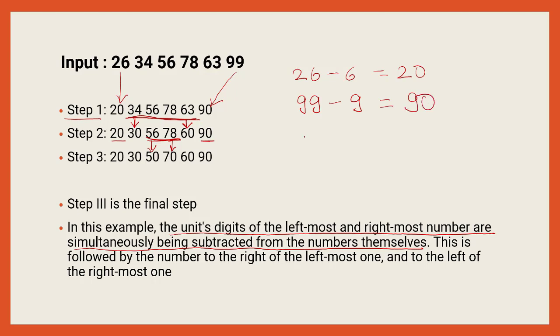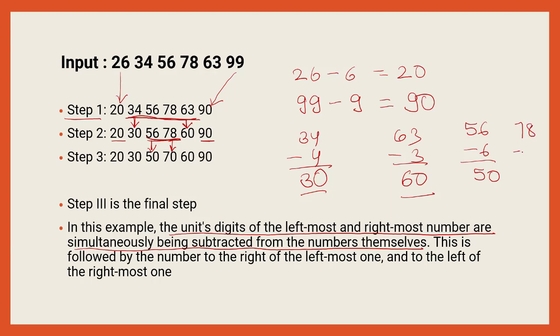In the second step, 34 minus 4, we are subtracting the unit digit of a number from the number itself. Then 63 minus 3, so that these two numbers can be seen in step 2. And in the last step, 56 minus 6, we have 50 coming here, and 78 minus 8, 70 coming into the picture. So this is the pattern that has been used in this particular example.